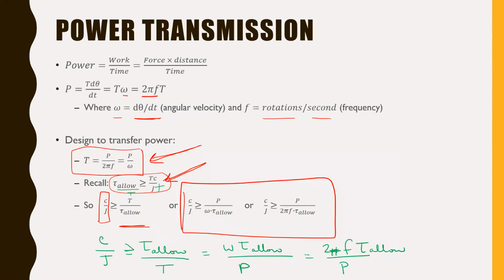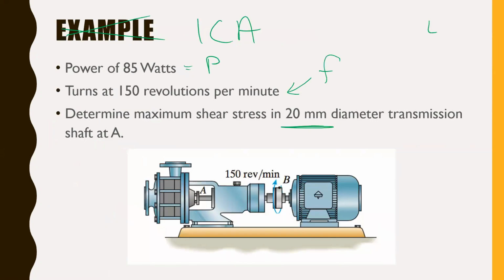Equation. And torque we said was P over omega.